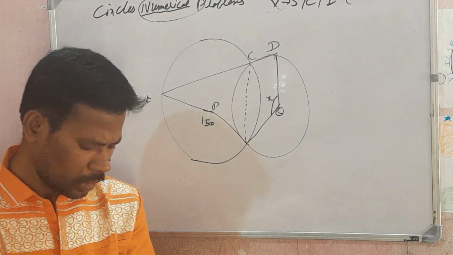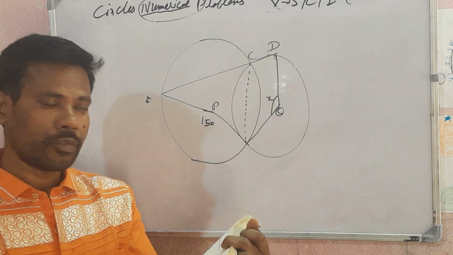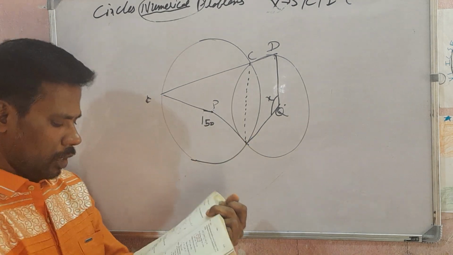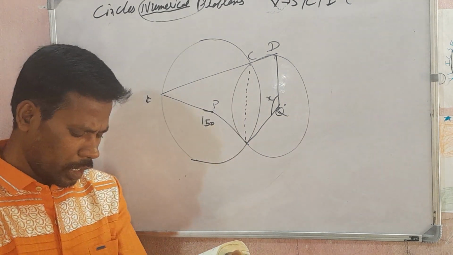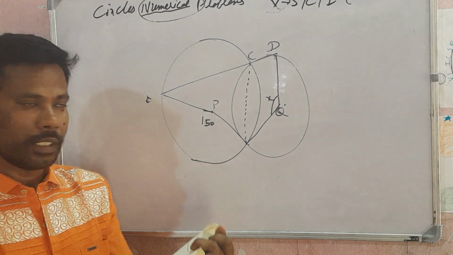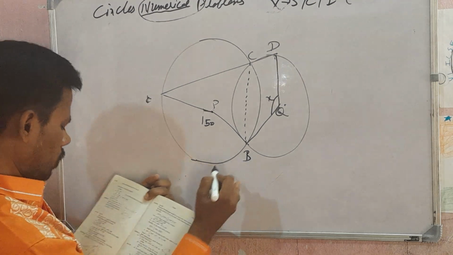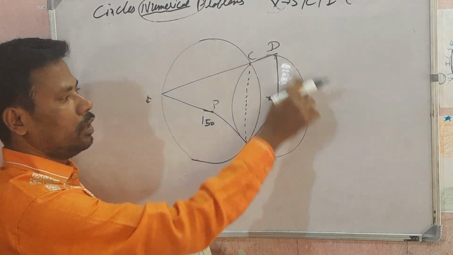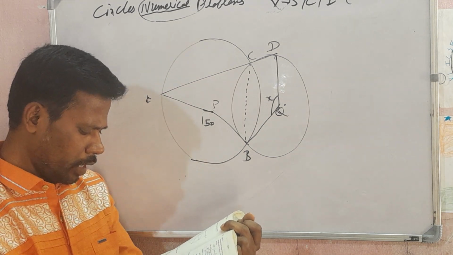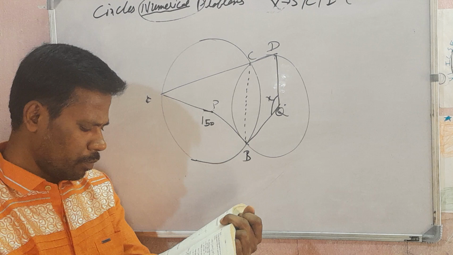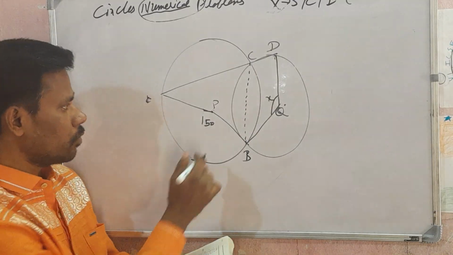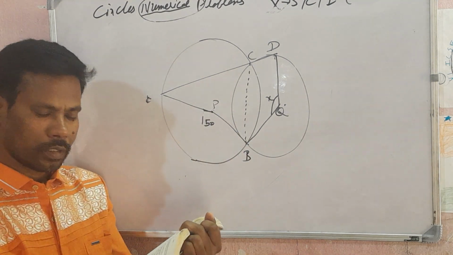They are asking the value of x. In the given figure, P and Q are the centers of two circles. Here, P is the center of this circle, Q is the center of this circle, right? P and Q are centers of two circles intersecting at B and C, and ACD is a straight line. If angle APB is 150, find the value of x.